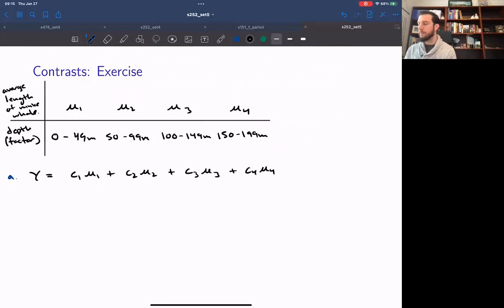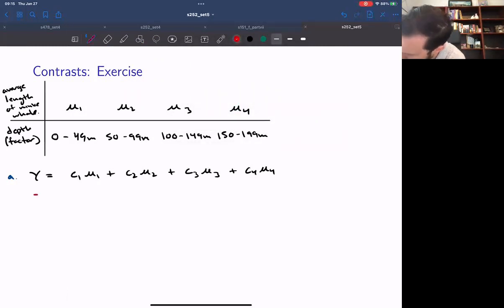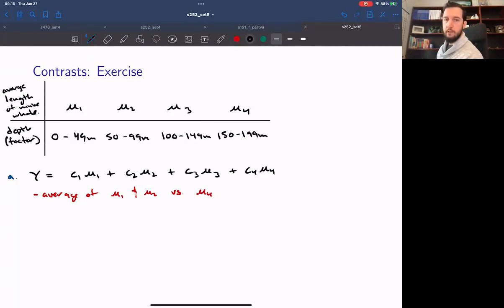We'll just make a few notes. Average of mu1 and mu2 versus mu4. So this is what we're looking for based off the description. We want to take the average of mu1 and mu2, and compare it to mu4.